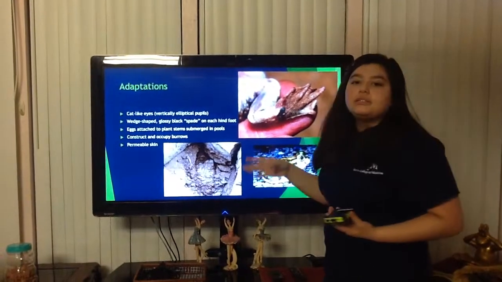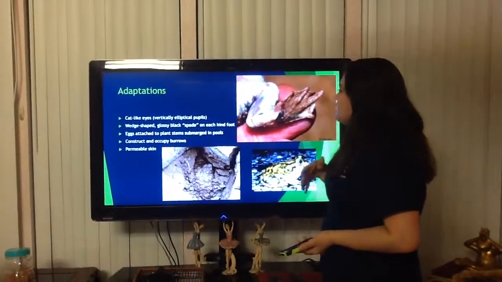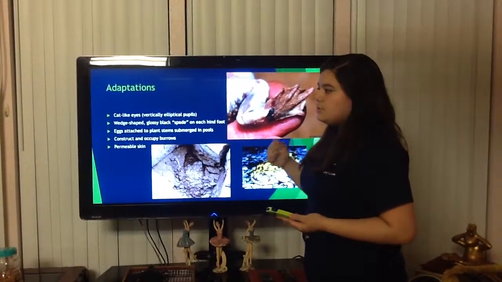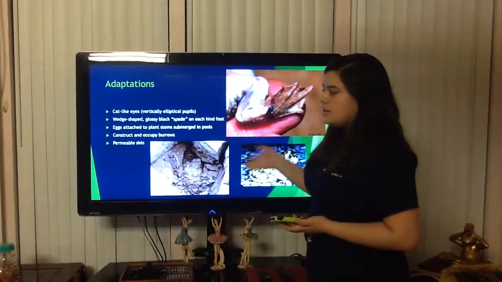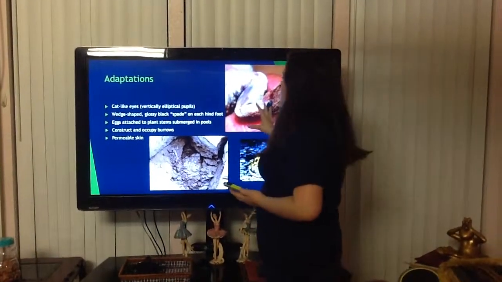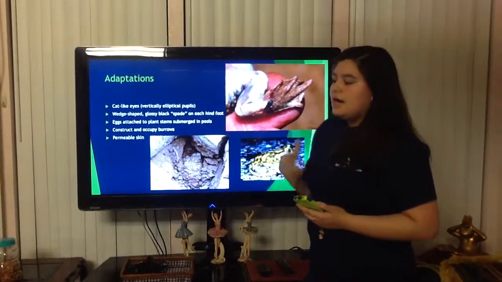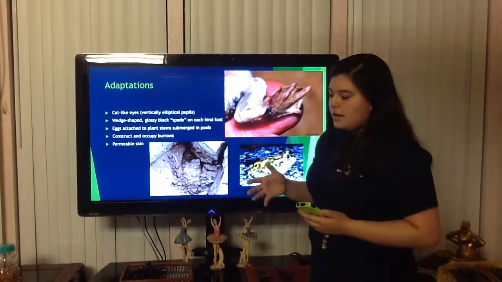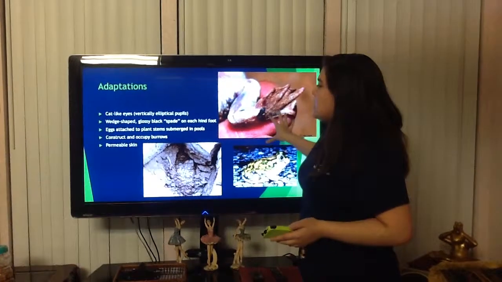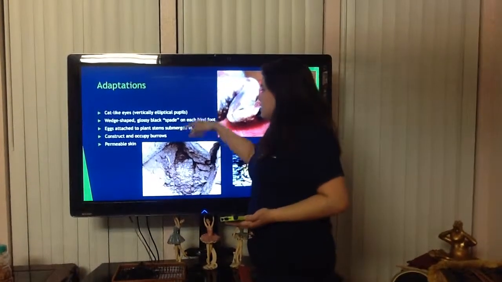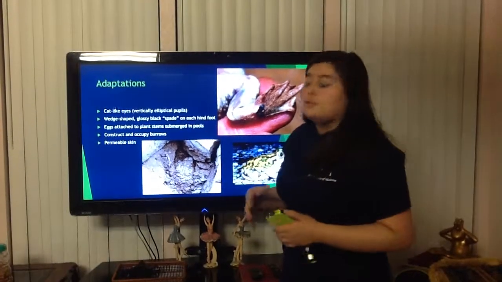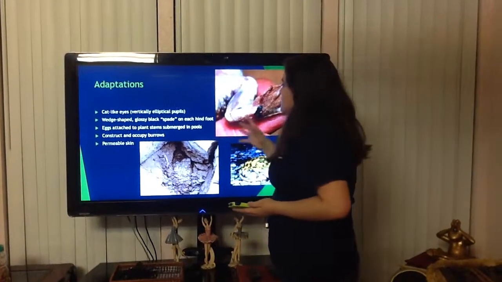These toads construct and occupy their own burrows, and they do this to maintain moisture and to stay away from the heat during the daytime. Also, as all toads have to maintain a lot of moisture on their skin, these toads bury themselves into the ground and obtain moisture from the soil that surrounds them, because they're in such an arid environment.